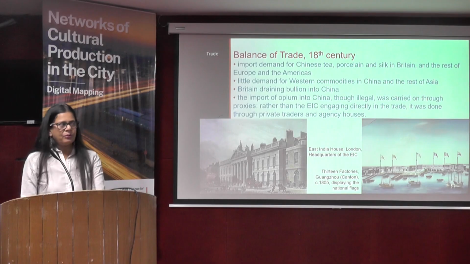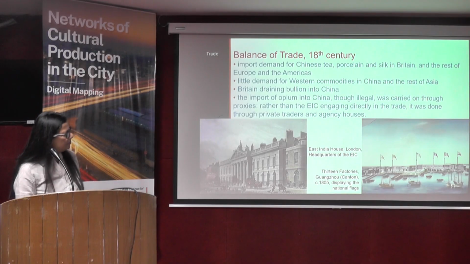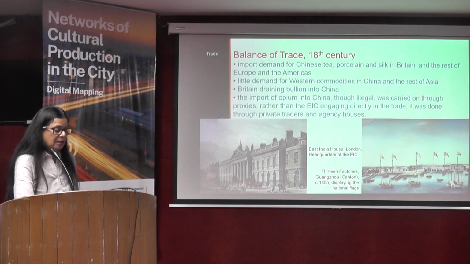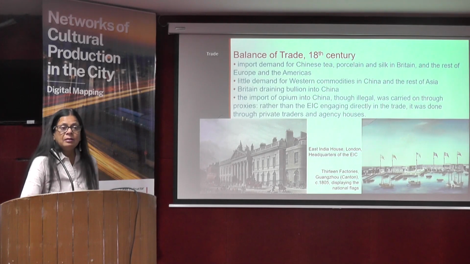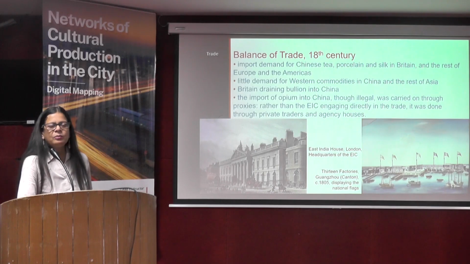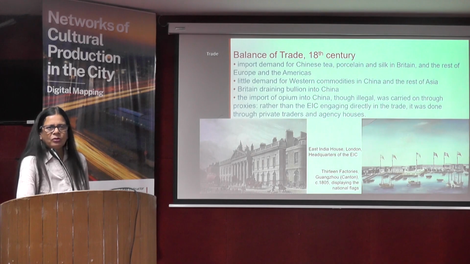So in the 18th century, what the East India Company was doing is, since the Qing Emperor and the Qing Empire had prohibited the importation of opium to China, in the mid 18th century it was allowed in small amounts, and then they really got strict about it.